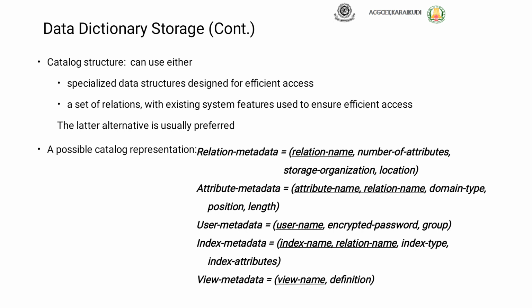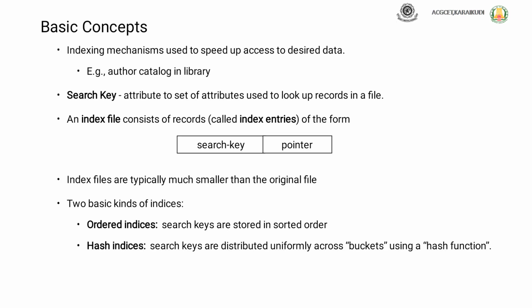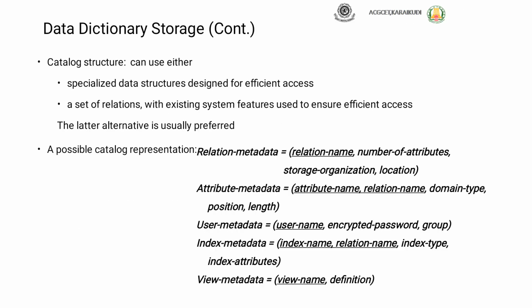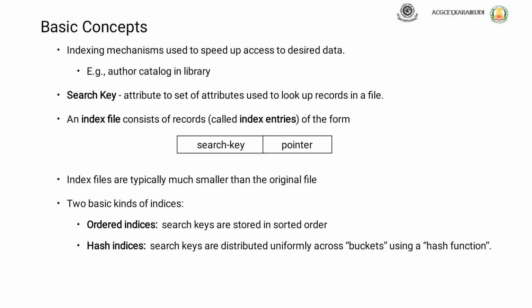Next is index metadata, index schema: index name, relation name, index type, and index attributes. And view schema: view name and definition. So this is a possible catalog representation for designing a data dictionary. This is all about data dictionary storage.